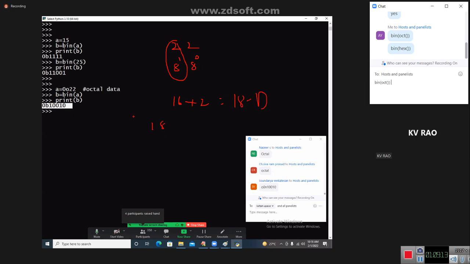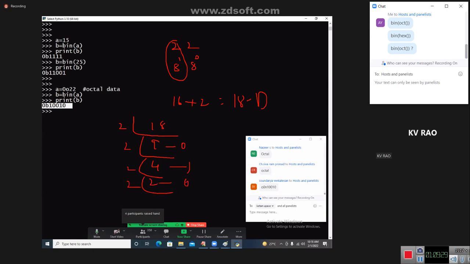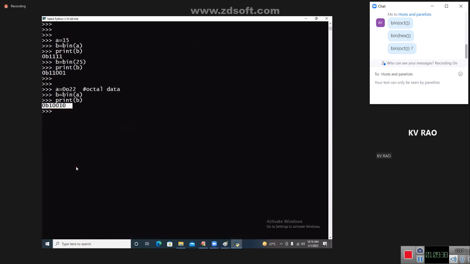Then 18 you convert into binary: divide by 2, 9 remainder 0; next 2, 4 remainder 1; 2, 2 remainder 0; 2, 1 remainder 0. The answer is 10010. 10010. This is the way of doing it.